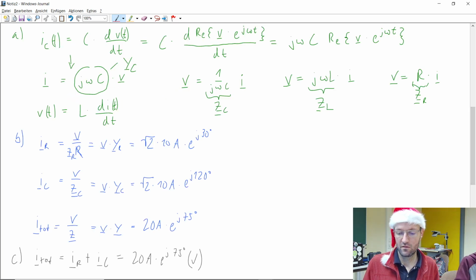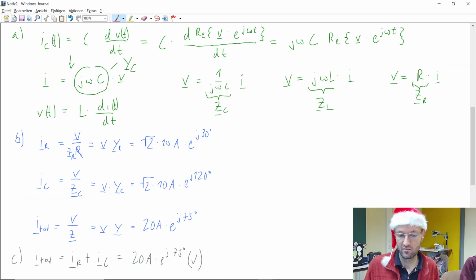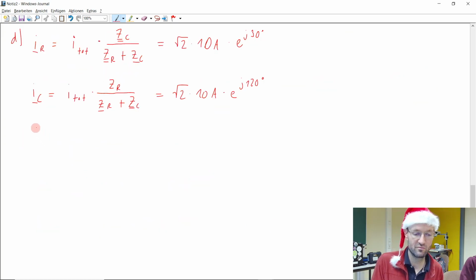Okay, so last thing that we can maybe do, draw the complex quantities in a phasor diagram. So we have all the values here. We once again need the total current maybe.